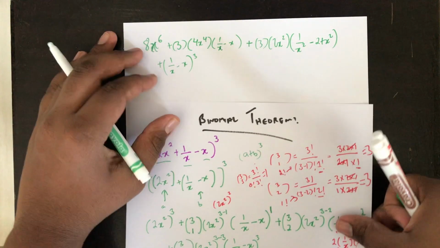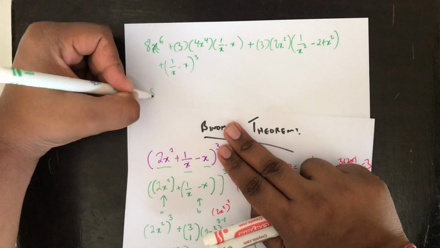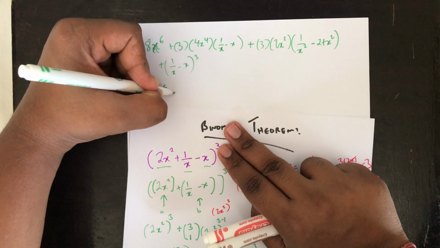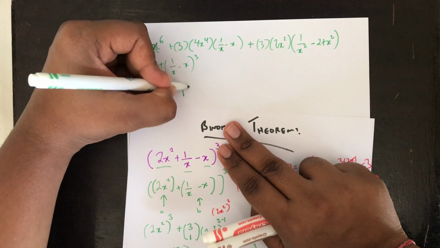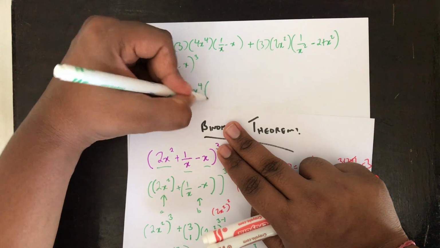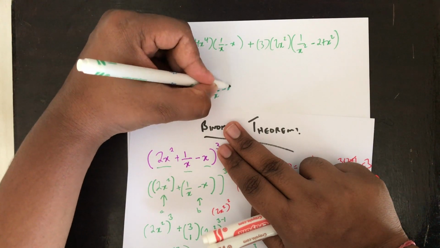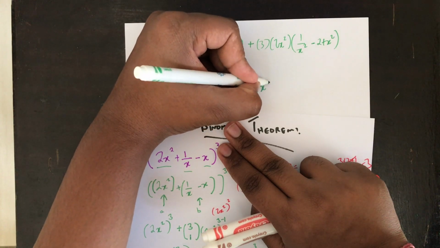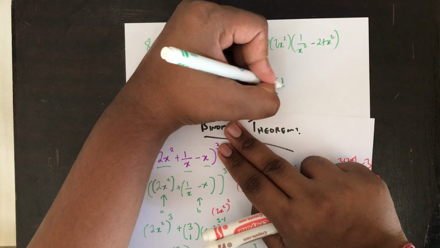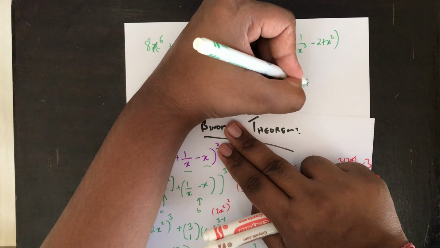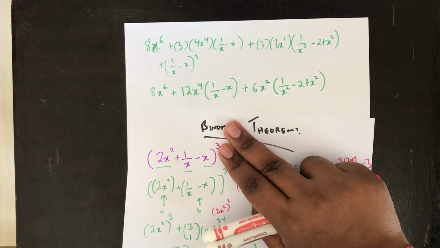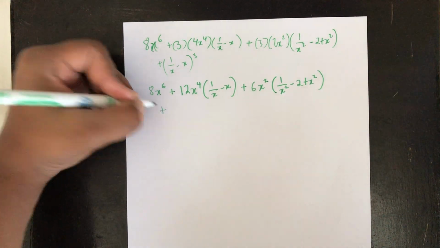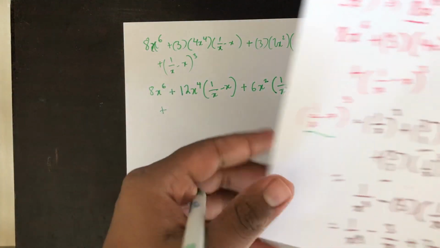So this gives us 8x power 6 plus 3 times 4, 12x power 4 into 1 over x minus x, plus 6x squared, 1 over x squared minus 2 plus x squared, so we got that, plus 1 over 2 minus x cubed.